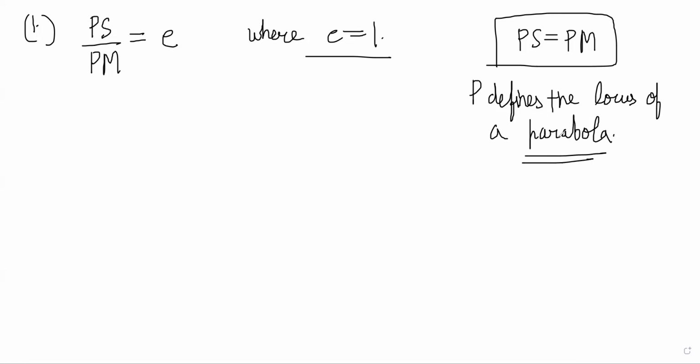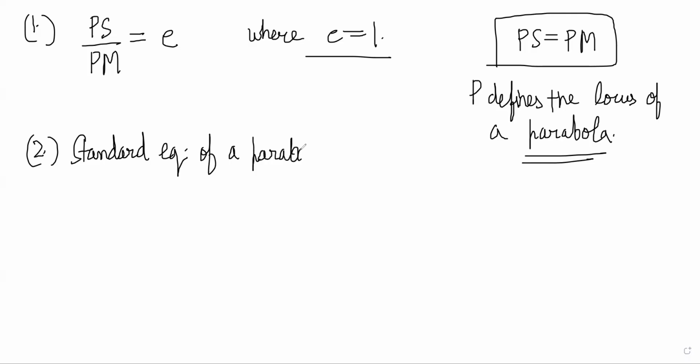Now, how do I get the equation here? The first equation would be the simplest equation of a parabola, or the standard equation of a parabola. We can get different types of equations for a parabola also, but we start out with trying to find the simplest equation. How do I make it simplest?